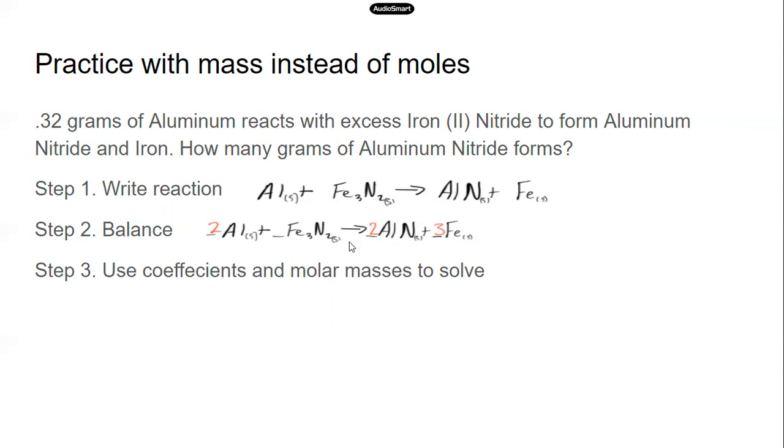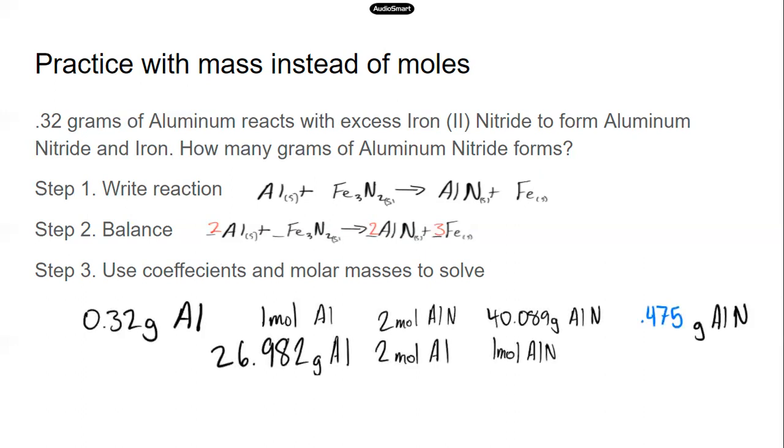There's 1 and 1, but then you go to your iron, 3 iron. So I just put a 3 out in front of this other iron on the product side. And then there's 2 nitrogen and 1 nitrogen, so I put that 2 out front as the coefficient, and that requires me to put a 2 so that the aluminum balances out as well.